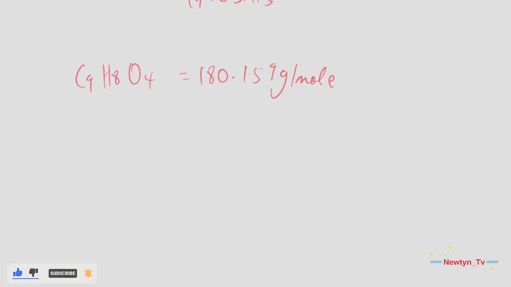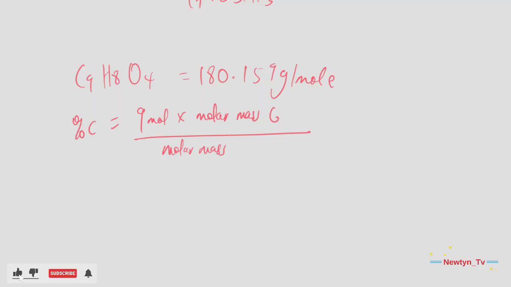The percent of carbon will be 9 moles multiplied by the molar mass of C, divided by the molar mass of the whole compound, C9H8O4, times 100%.